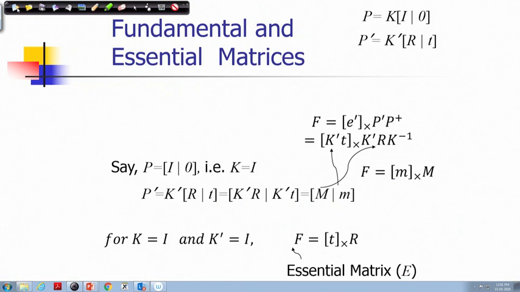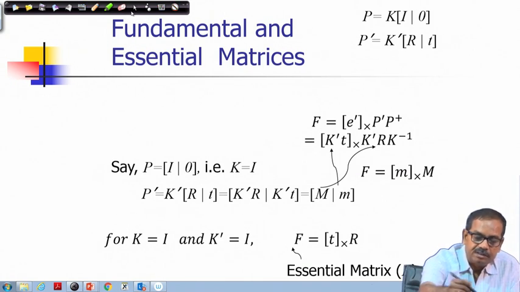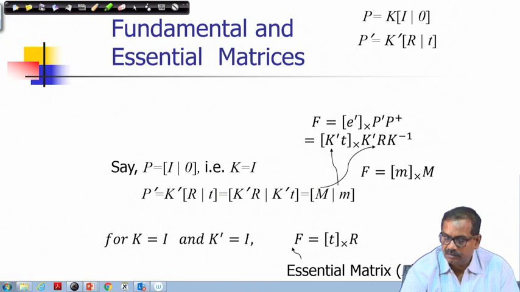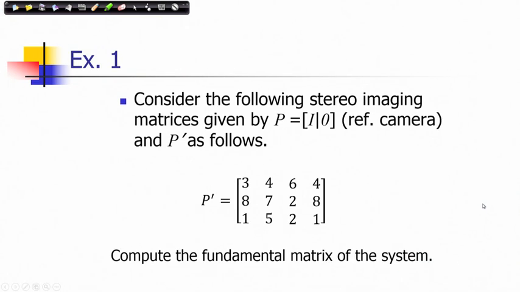Now, I will consider solving a problem just to illustrate how these concepts could be used to retrieve various information. So, take this problem. Here it is a problem of simply computing the fundamental matrix.